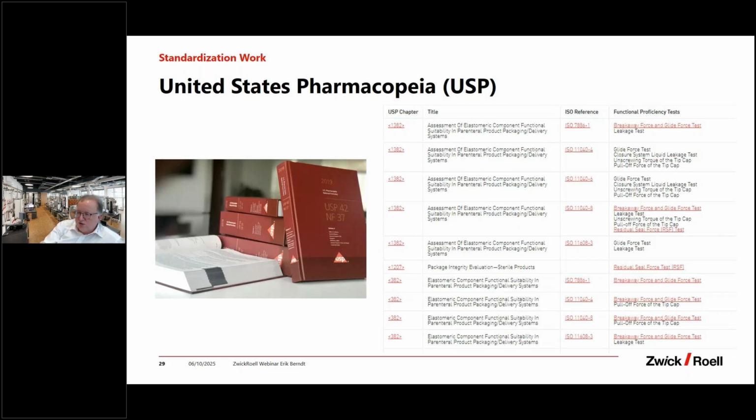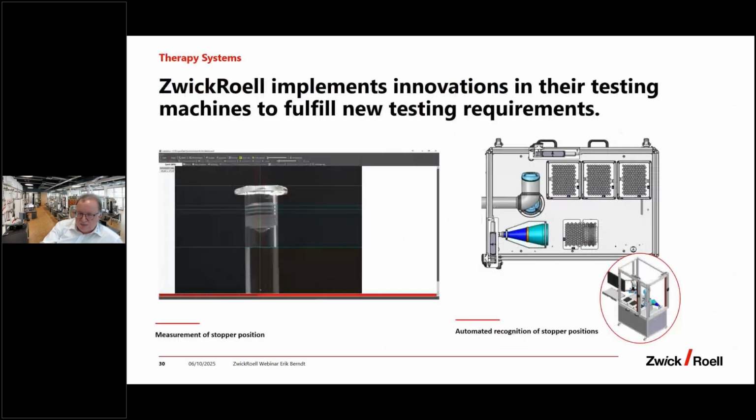Now looking at some trends, if you're looking at the syringes, the cartridges, especially there's one trend to measure the stopper position of the filled syringe, and this is important if you are finalizing the product or the procedure of these, when you are combining the front part, the rear part, and a pre-filled syringe in an autoinjector.